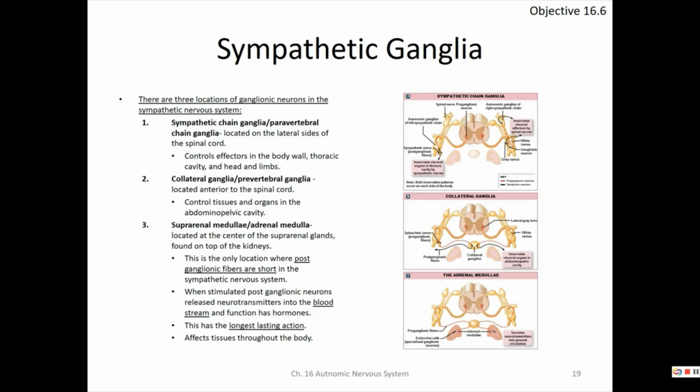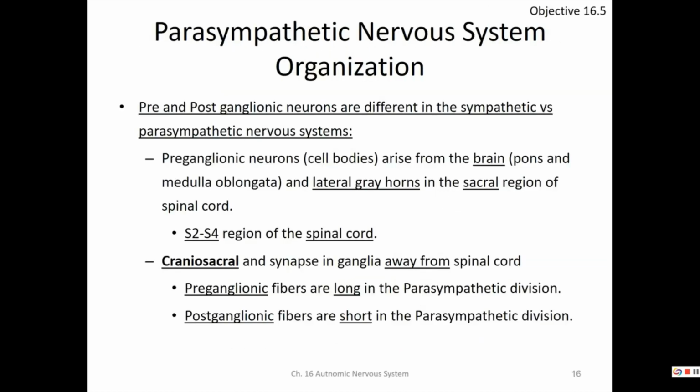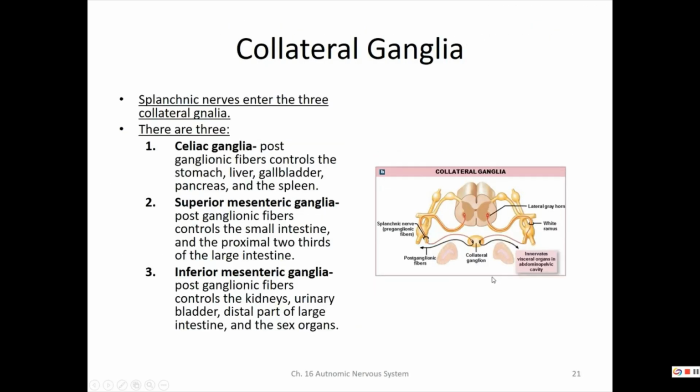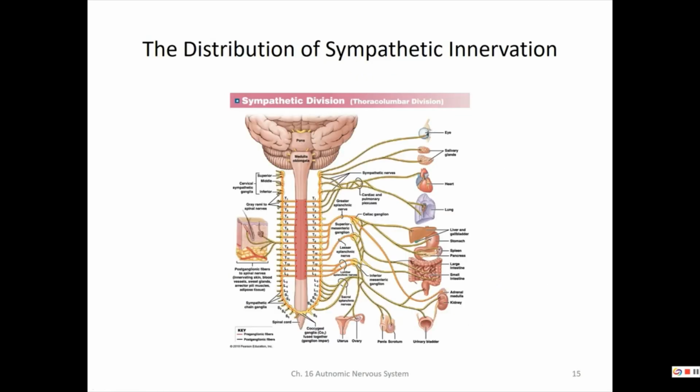And the suprarenal medulla, being on top of the kidneys here, is the very interesting area for sympathetic ganglia. Right here, you can see them here on top of the kidneys, but not showing the neuron. Okay, this is what's interesting.